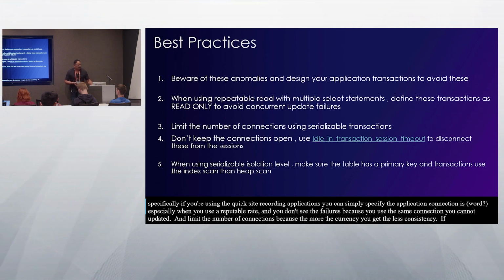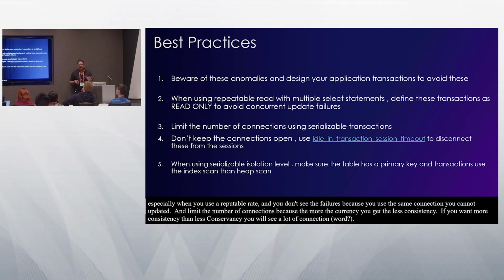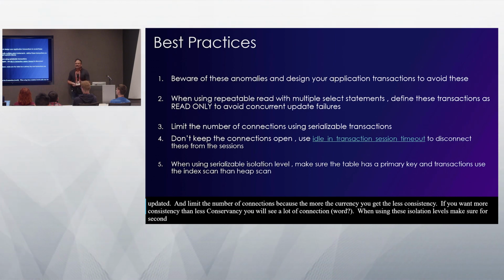So if you increase the concurrent transactions when using the serializable isolation level especially, then you see a lot of connection aborts. Okay? So for certain operations, like say pg_dump uses the serializable isolation level because it only reads the data and won't update the data, right?